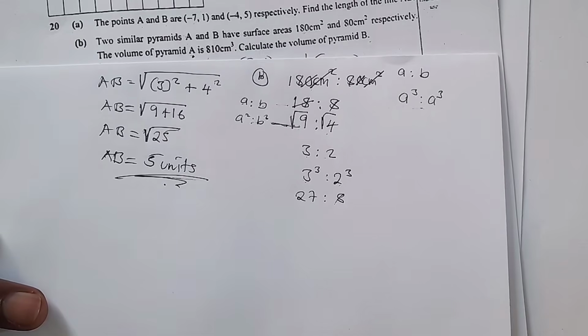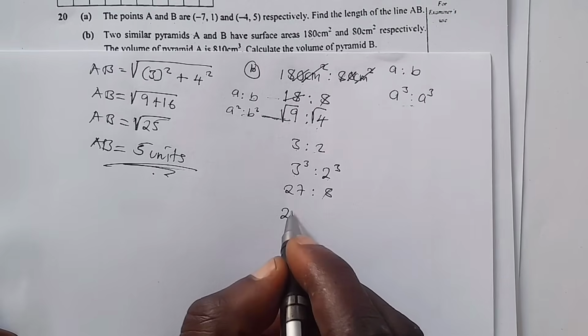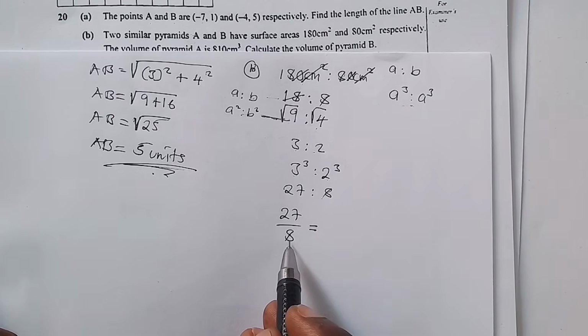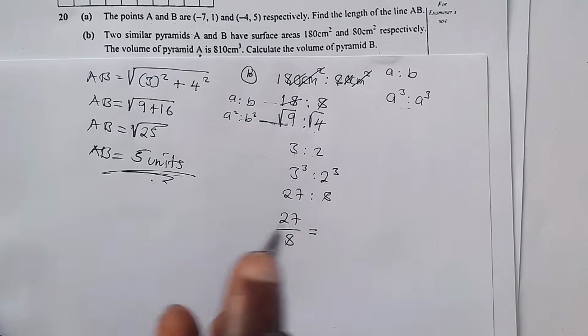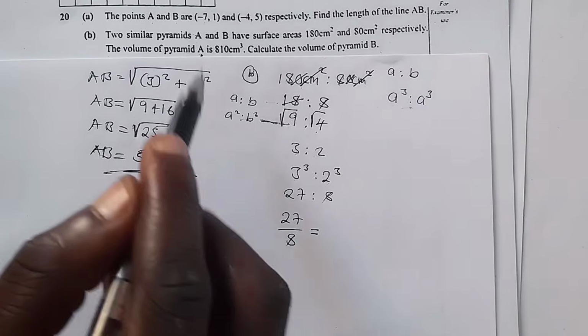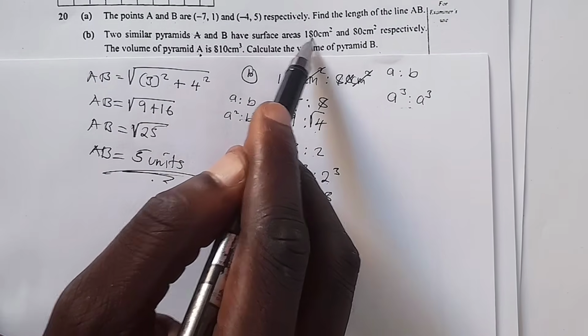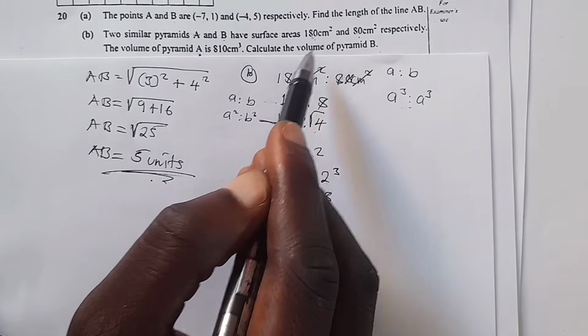So this is what we have, and we can simply calculate what they are asking. 27 is bigger than this one, so let's start with the volume of the bigger pyramid. Pyramid A has area 180, B has 80, so A is bigger.